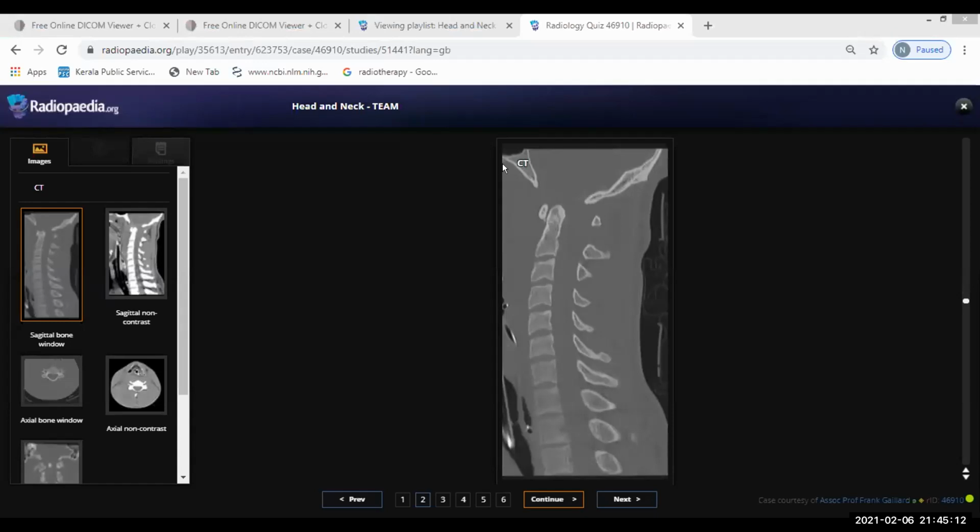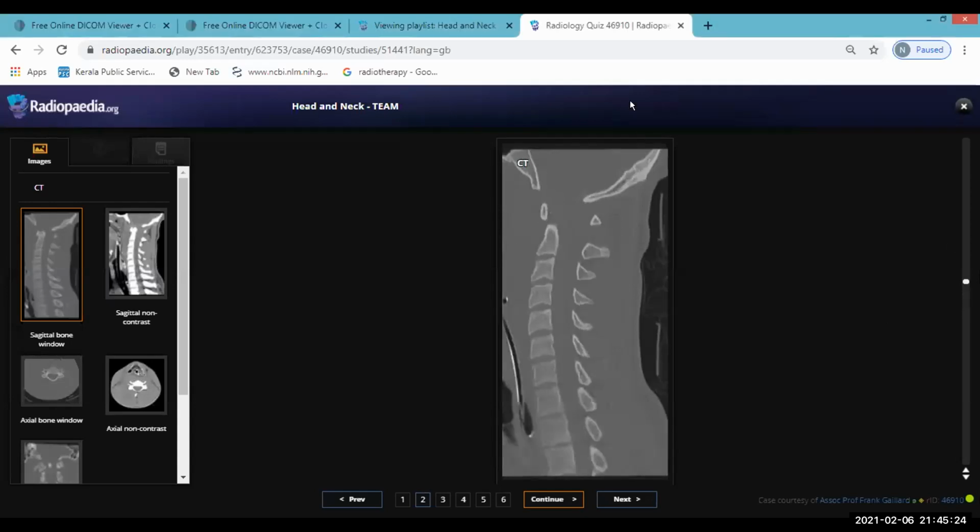Okay, I'm provided with sagittal. Can I get the control? Yes, you have the control. I have the control, but I'm not able to scroll.